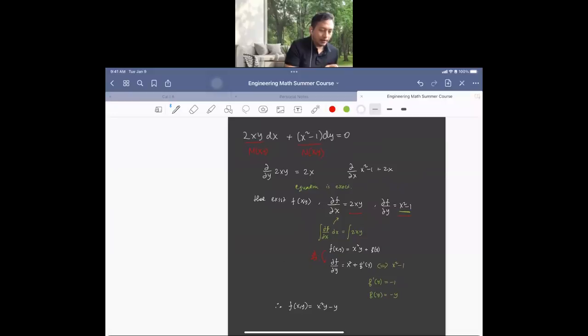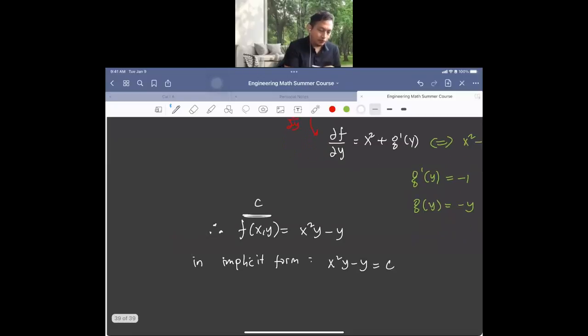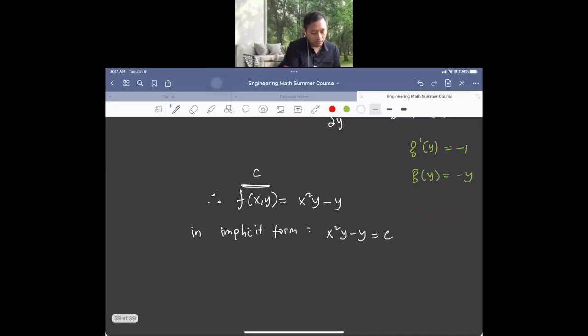So in implicit form, because we have the function as a constant, we may have x squared y minus y equal to a constant. And if we want, we can make it into explicit form.